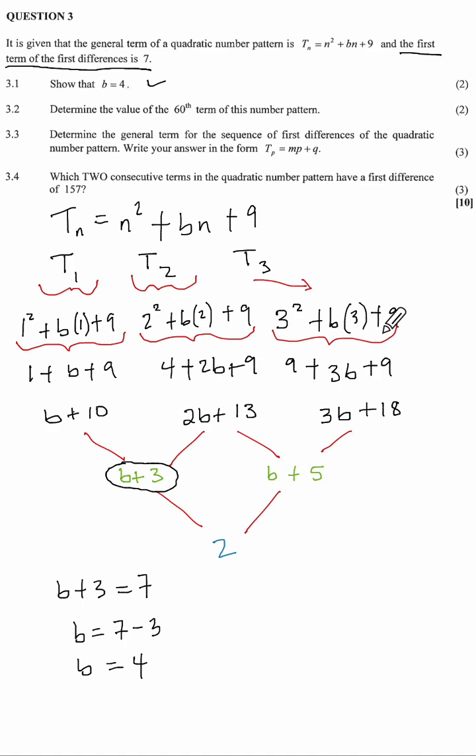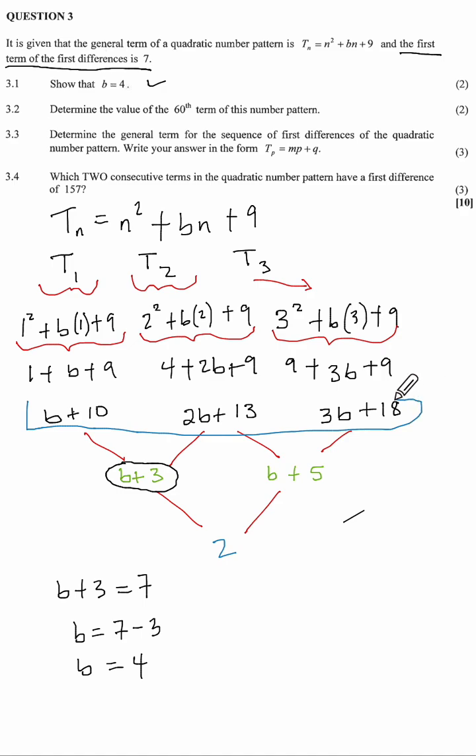the first question. Now that we know that b is equal to 4, we just want to do a few things to clean this up, because we know that our quadratic sequence or quadratic number pattern is this.